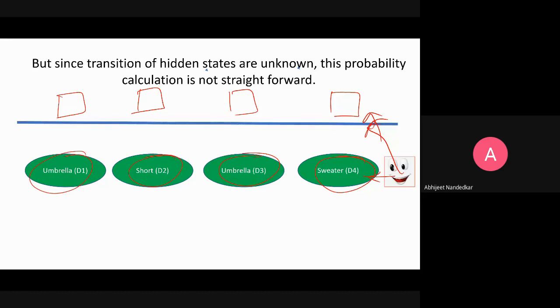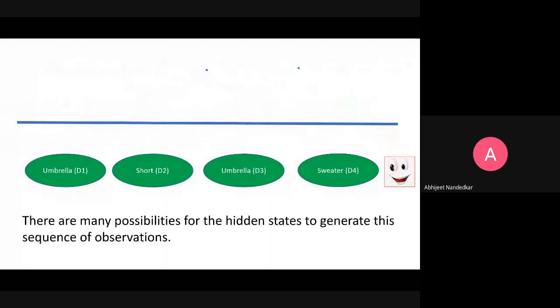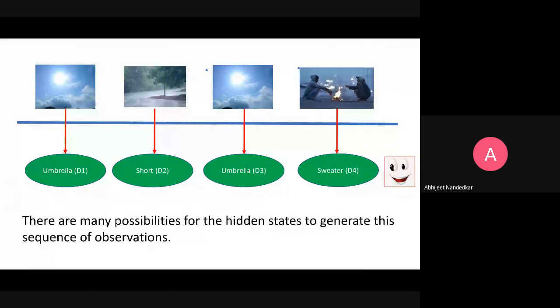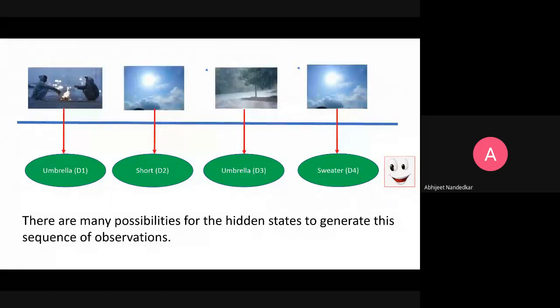So that can be any combination. I can see umbrella, shorts, umbrella, and the actual day outside may be sunny, cold, or it can be cold, sunny. So you can have any combination.